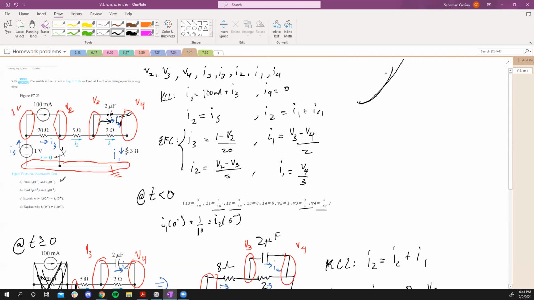It acts like an exponential: the charge builds and then discharges once the switch happens. So yeah, that's my 7.25.